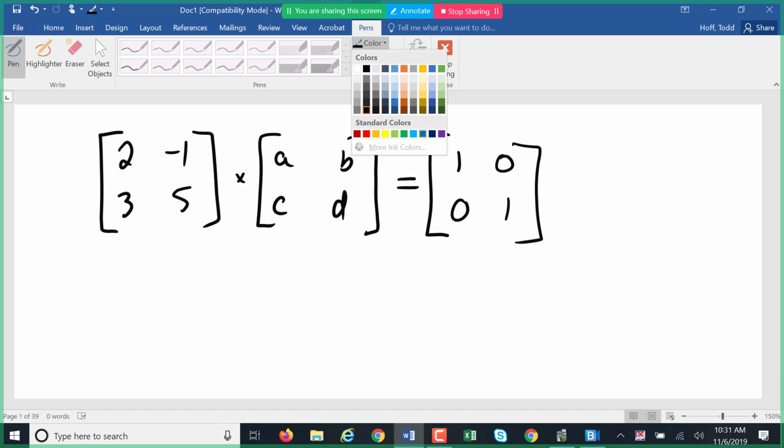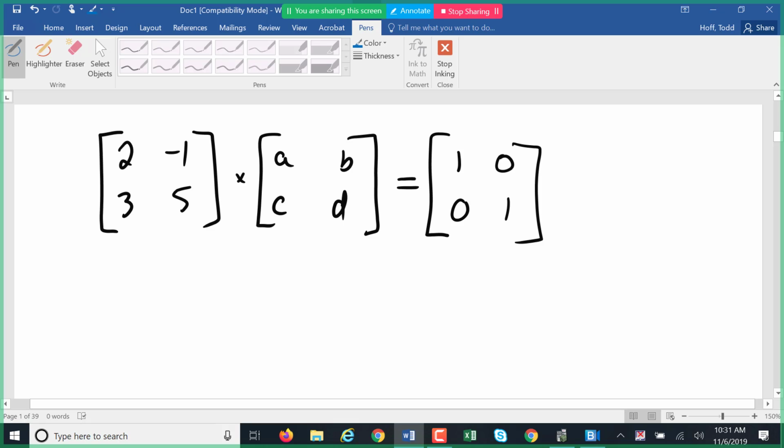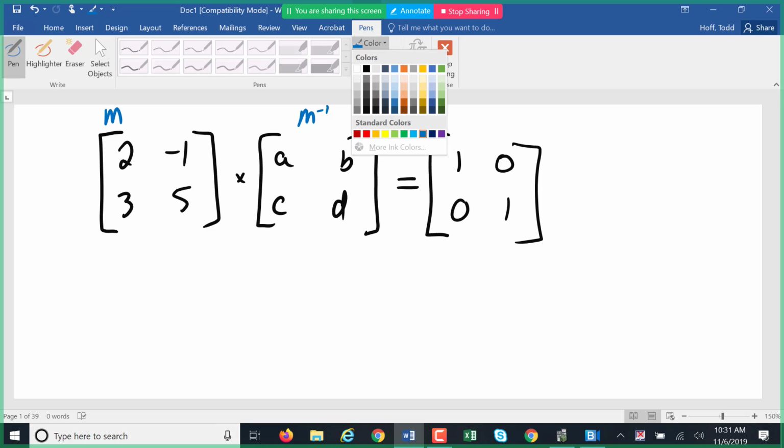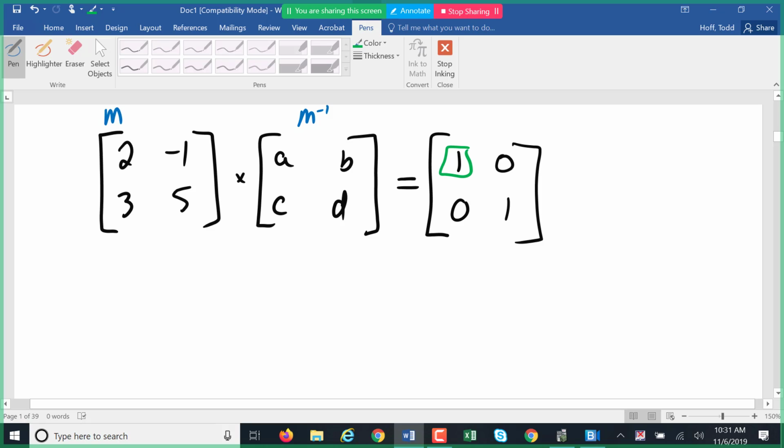So we left off before break with this example that if this is our matrix M, and this is assumed to be the inverse of that matrix M, they must multiply to make that diagonal identity matrix. So let's look at the elements here. The only elements that have values here are those diagonals, but the other ones count too.